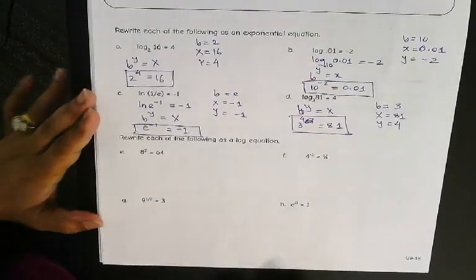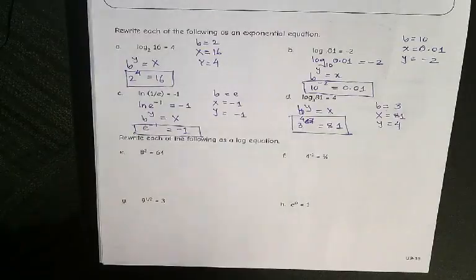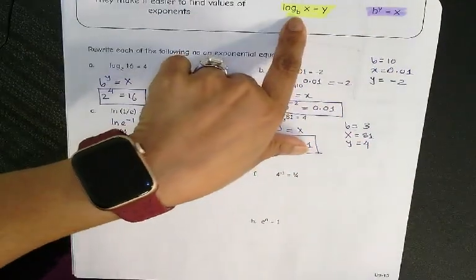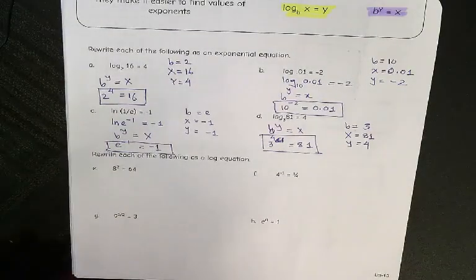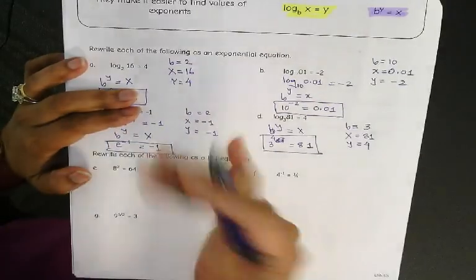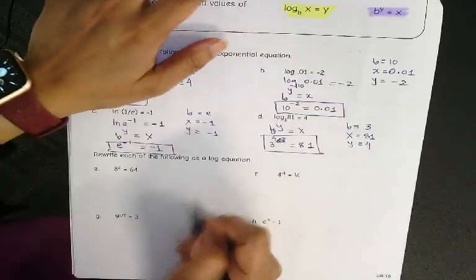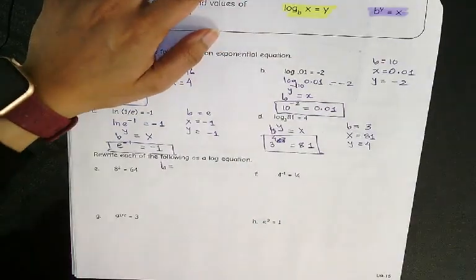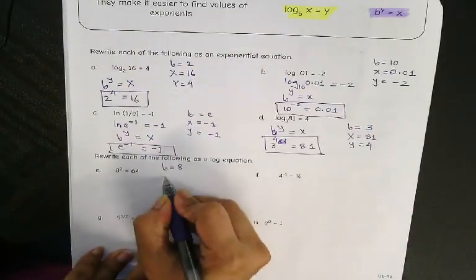Okay. Let's look at the next problems. These are the opposite of it. Just the opposite. This is given and you are converting into log. That's the only thing you are doing. It's no rocket science at all. So again, we're going to do the same thing. We're going to find what is the B value, X value and Y value, and then we're just going to convert it into log function. So what is my B value over here? And then what is my X value?